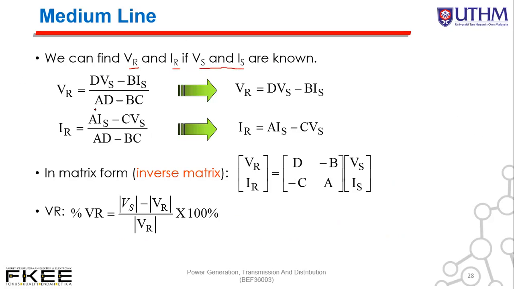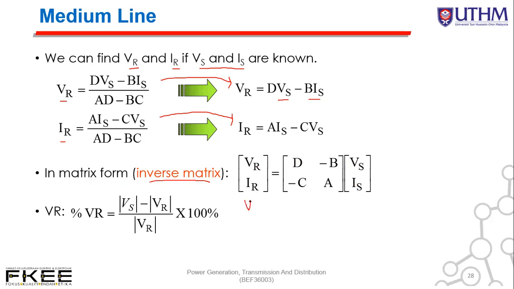From the equations, VR equals (D Vs minus B IS) divided by (AD minus BC), so VR equals D Vs minus B IS. IR equals (A IS minus C Vs) divided by (AD minus BC), so IR equals A IS minus C Vs. In inverse matrix form, we get [VR, IR] equal to the matrix [D, minus B; minus C, A] times [Vs, IS].